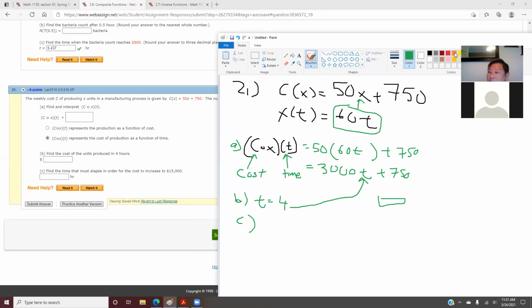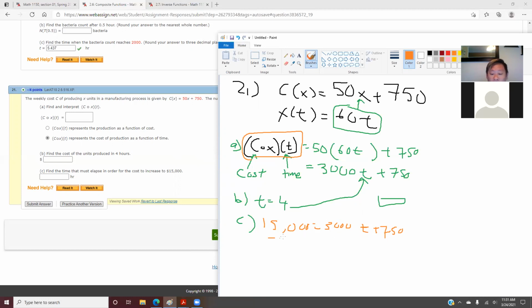So this is the same thing we just did, we just need to change this to 15,000. And then you got 3,000T plus 750. So you just need to solve for T here. Again, you do not need to use the quadratic formula here because it's not squaring.